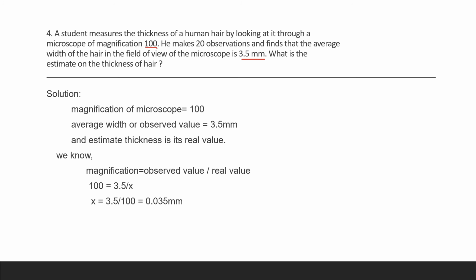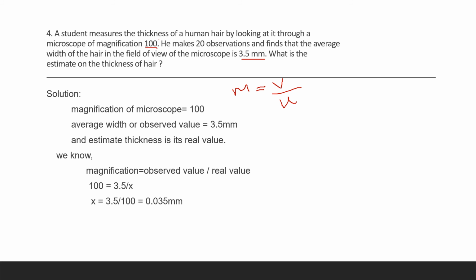What is the estimate of the thickness of hair? Okay, what is given in the question? The student measures the thickness of human hair with the help of a microscope. You have already learned about magnification from 9th and 10th standard, for lenses.